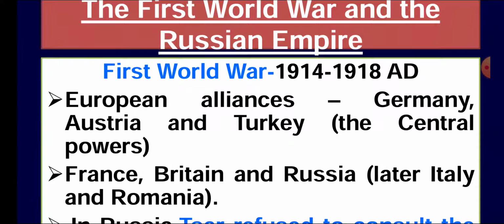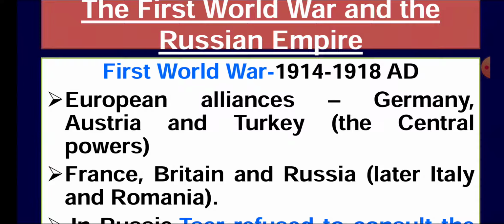Here are some data: there were over 7 million casualties by 1917. Means from 1914 to 1917, 7 million. 1 million is equivalent to 10 lakhs. Means 70 lakh people died by 1917.